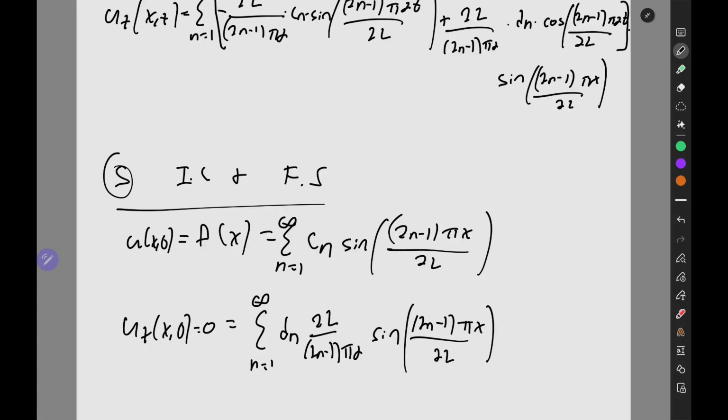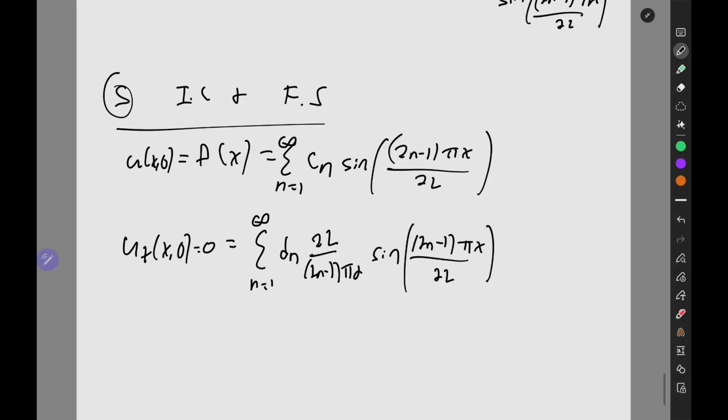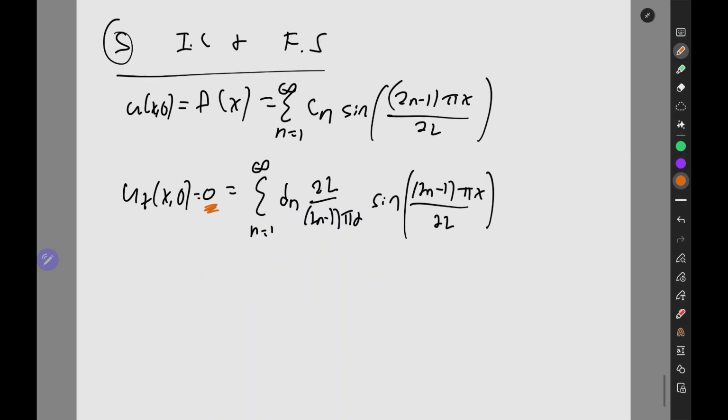Okay. That's it. But now you can see here, this one doesn't matter anyways. We don't need it because it's going to be 0, because they give us this nice initial velocity of 0. Obviously, if it was non-zero, then you have to integrate it.